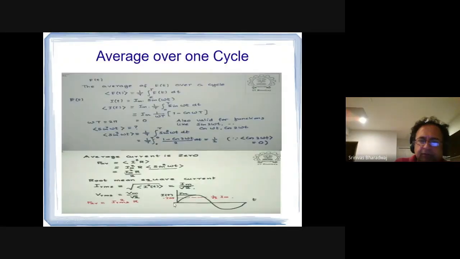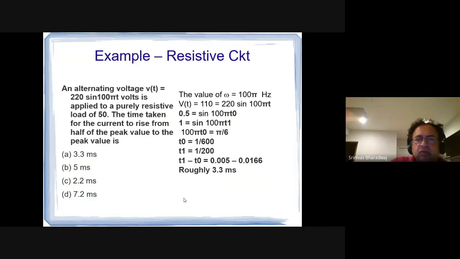So half of the peak value is what? Sine 90 is 1, sine 30 is half, right? So it has to go from sine 30 to sine 90.